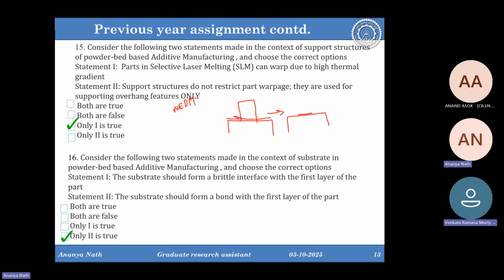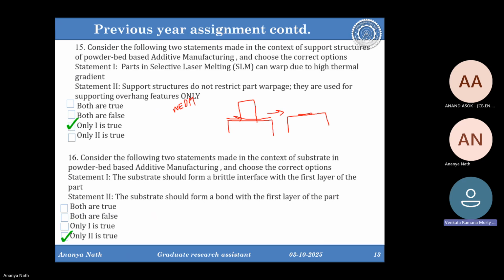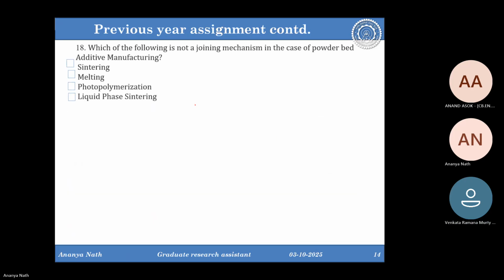Wire EDM is normally used for cutting the material from the substrate. People use band saw and automatic hacksaw as well, but there the wastage is a little higher. But you can use it.